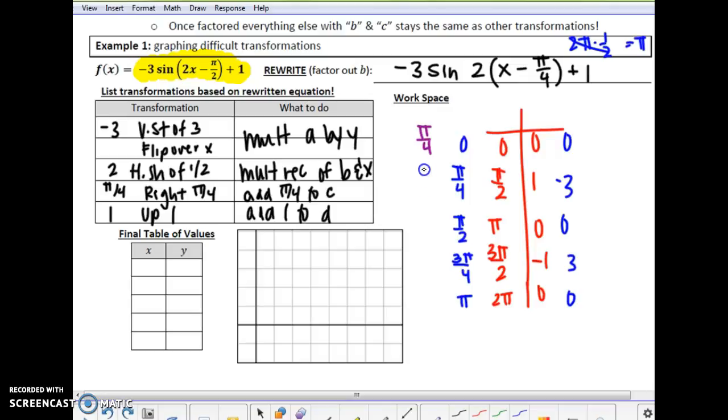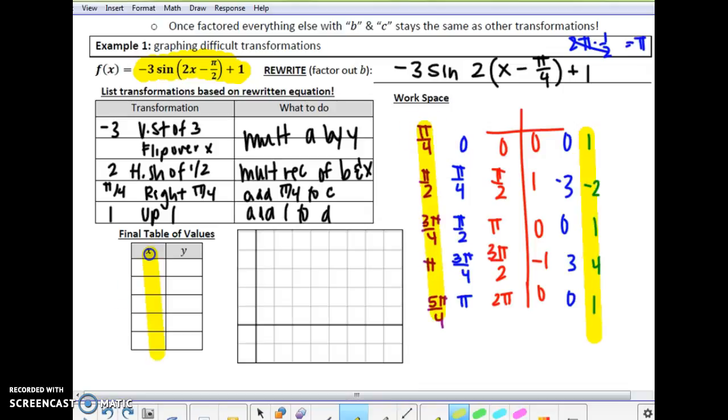So it's going to become pi over 4, pi over 2, 3 pi over 4, pi, and then 5 pi over 4. And last but not least, add 1. So 1, -2, 1, 4, and 1. This is going to be your final table of values.